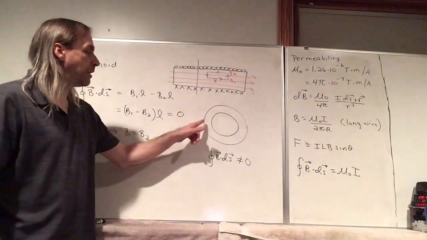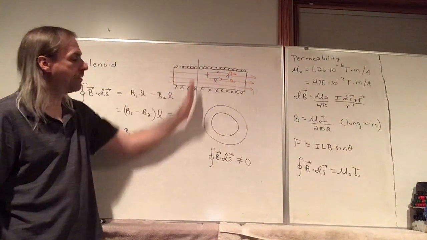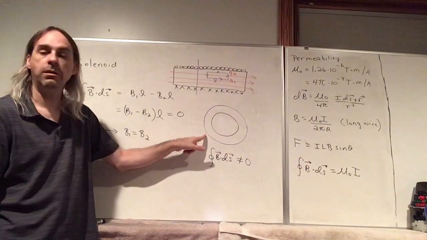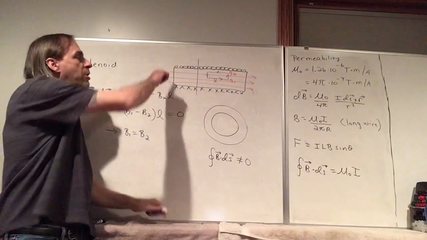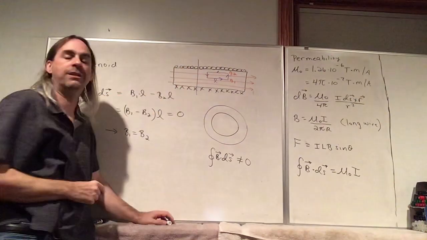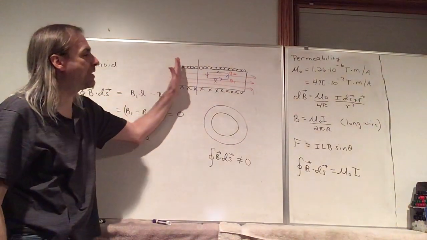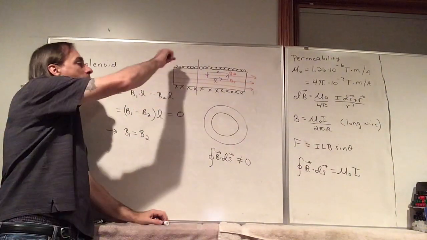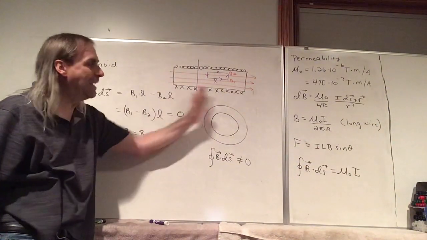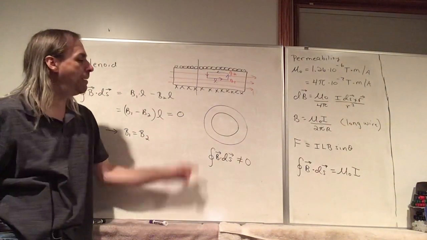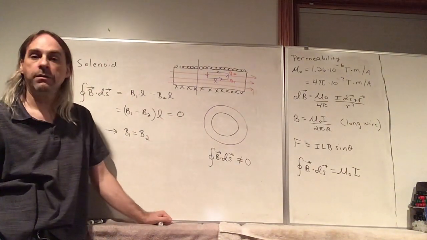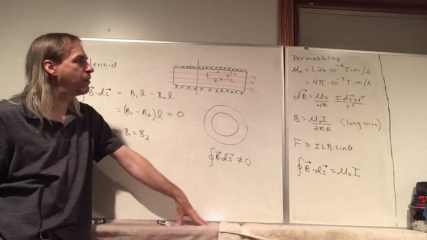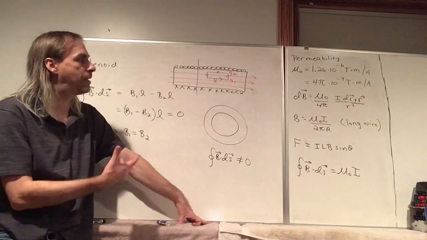So again, this is one perspective, this is another, but there has to be some current crossing this Amperian loop, because this is just one wire that's winding around in this helical direction, so there has to be some current going to the right, the way I drew it. It winds around this way, and so there is some current, so there has to be a magnetic field outside the solenoid. And actually, we can evaluate that, and you basically get the magnetic field of a long straight wire.